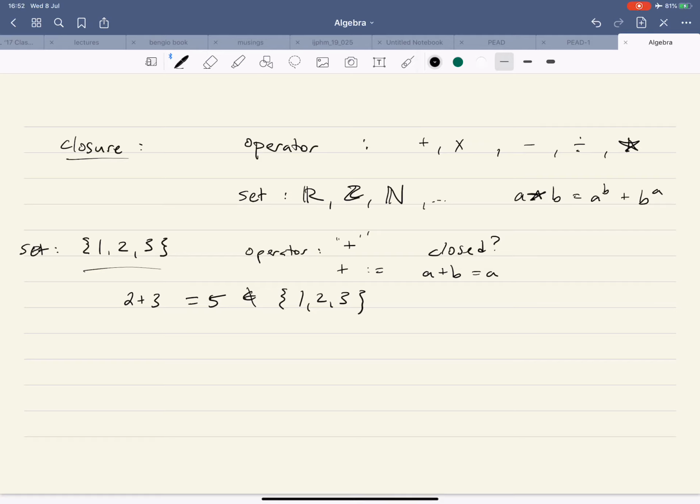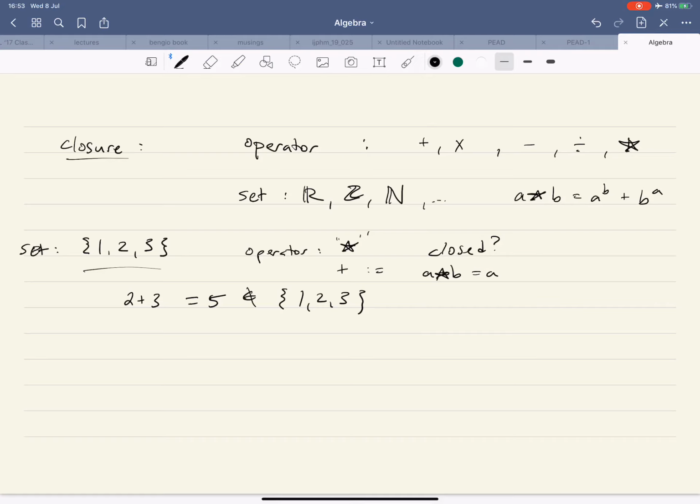In which case, my set would be closed under this definition of the addition operator. Now, why I would call this plus, I don't know. Probably I would have called this star, so a star b is always a. All right, that's a little bit of an aside though.